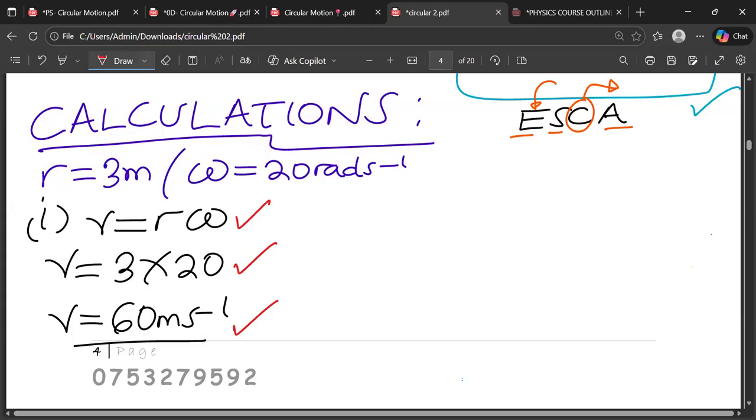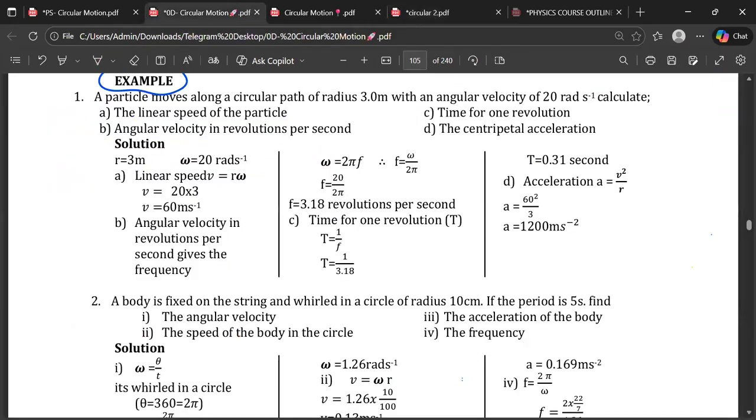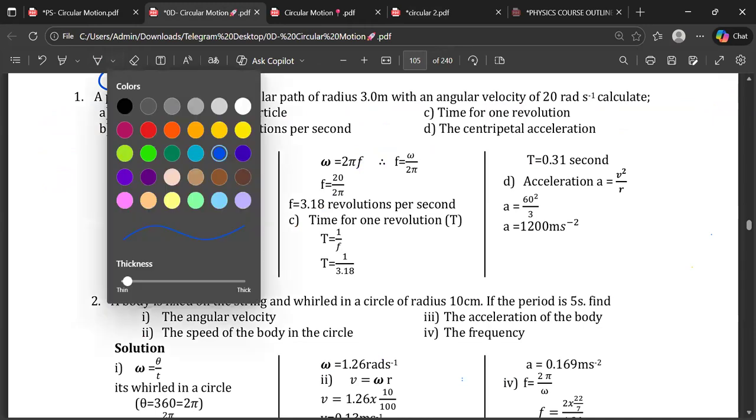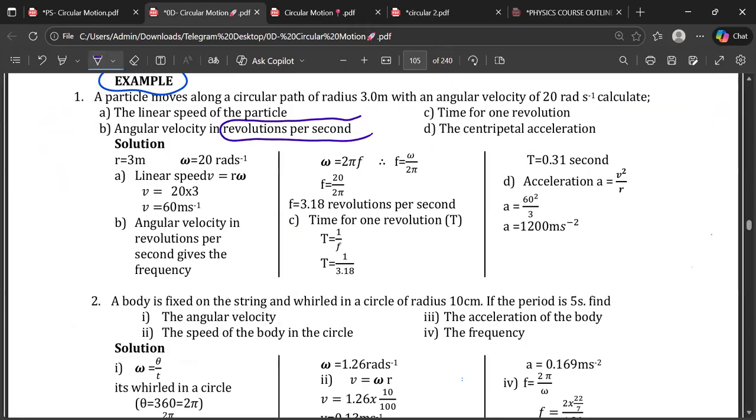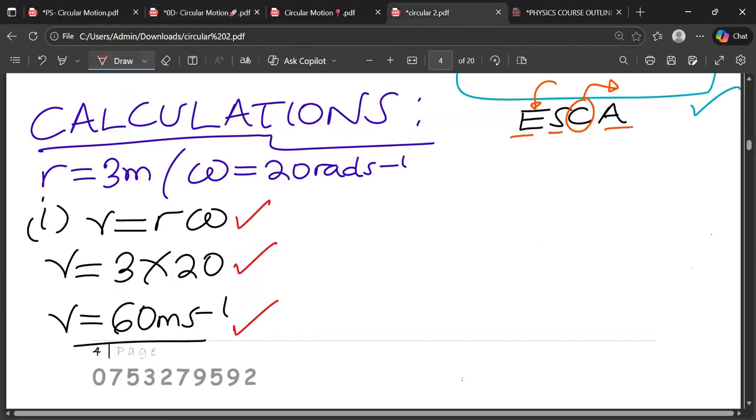Then what else do they want? They asked for the angular velocity, but this time in revolutions per second. You remember what I told you? That when they tell you revolutions per second, don't waste your time. This is frequency. The statement is even here, that angular velocity gives the frequency. So for you, just get frequency. But the question is, which kind of frequency are you going to use depending on what you have?